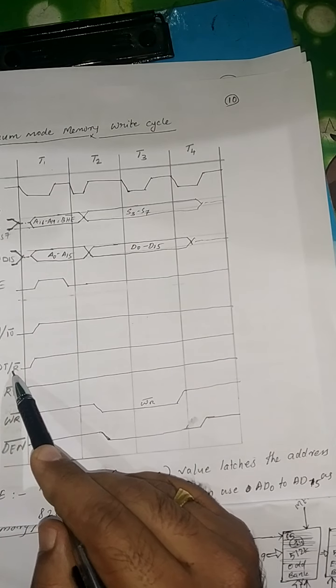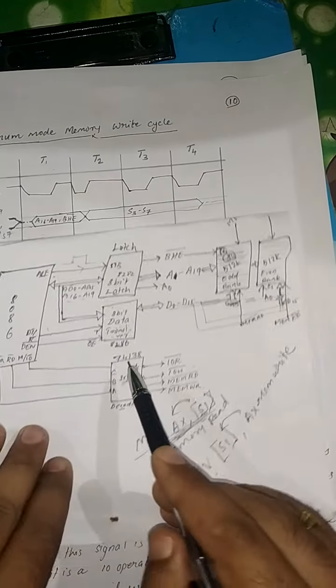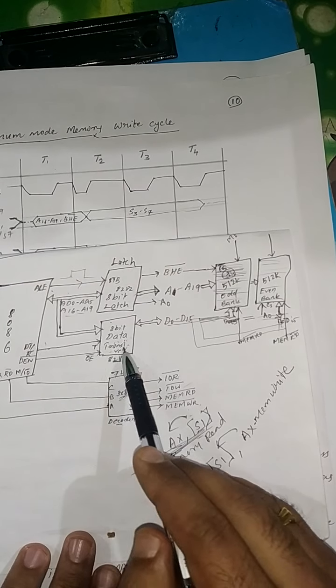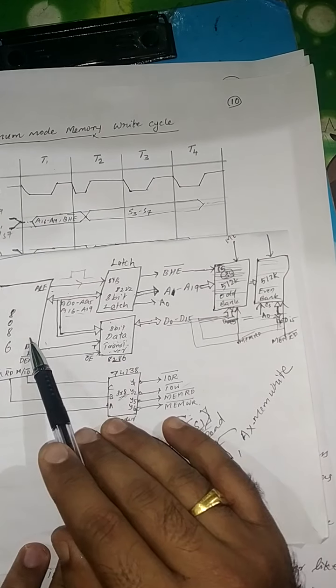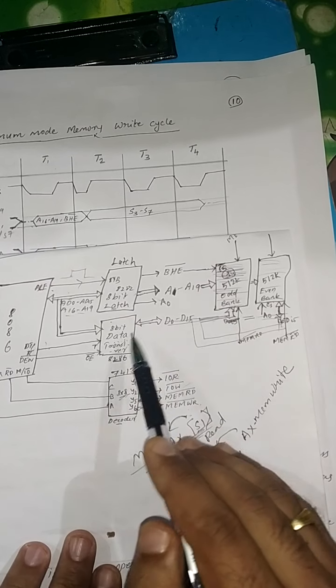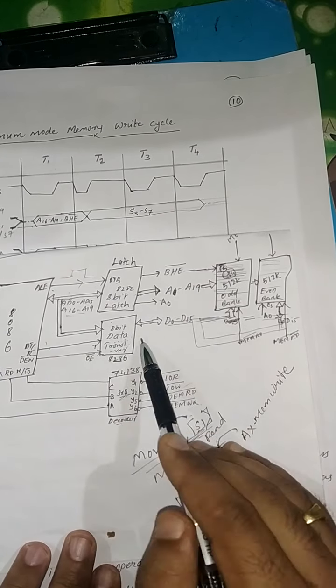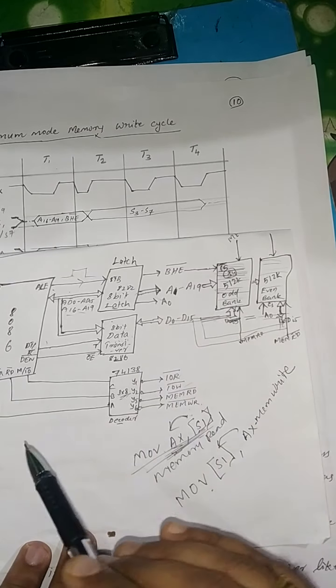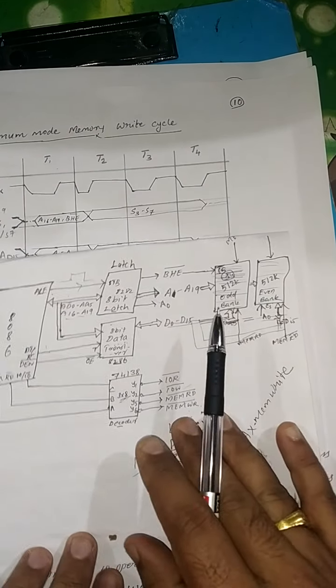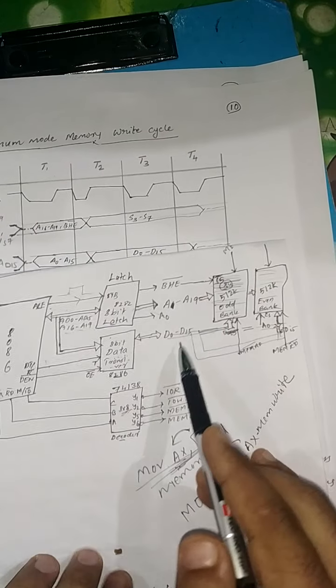Then data transmit or receive, as I told you, here we have a transceiver. If it is a memory write operation, it is transmit. If it is a memory read operation, then it is receive. Here it is a memory write operation, so it is transmit.